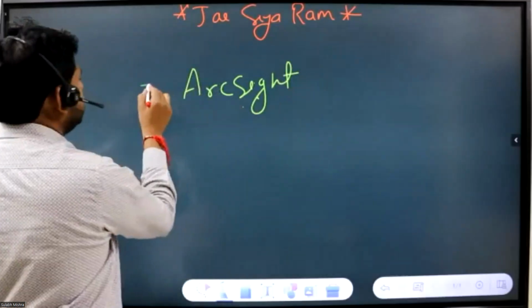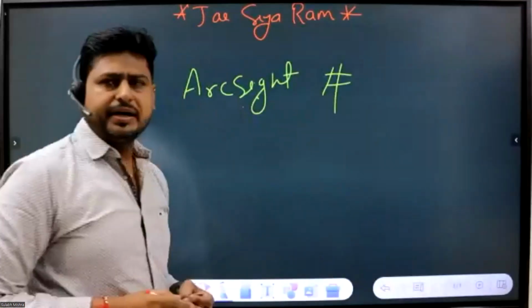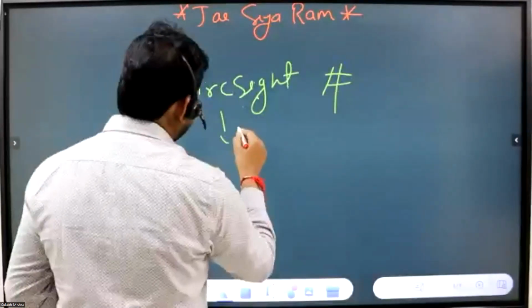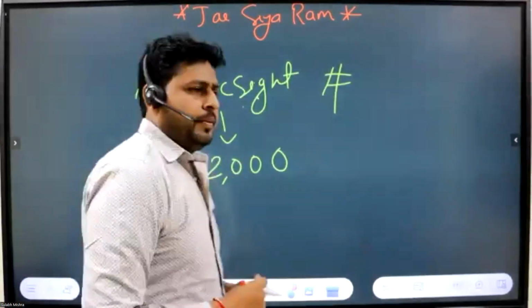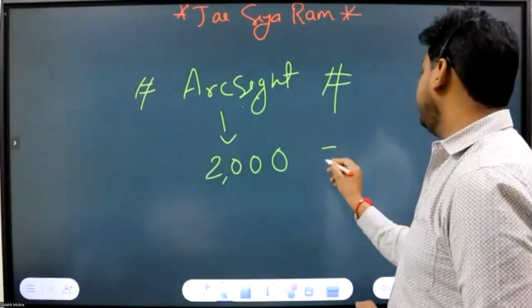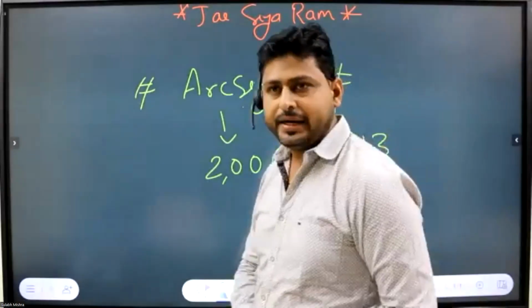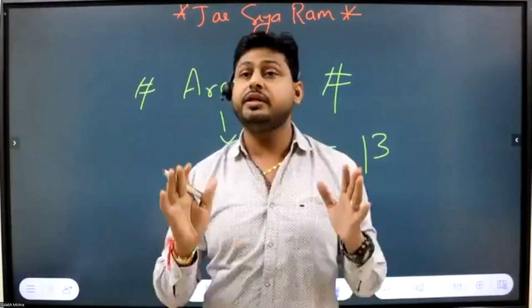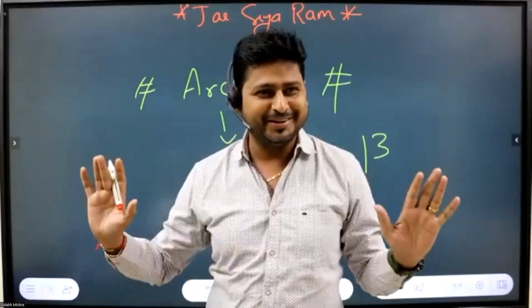So Arcsight is one of the SIEM tools. It started in 2000. It was one of the oldest tools and, as per the Gartner report, was the market leader for 13 consecutive years, with no other competitor nearby.